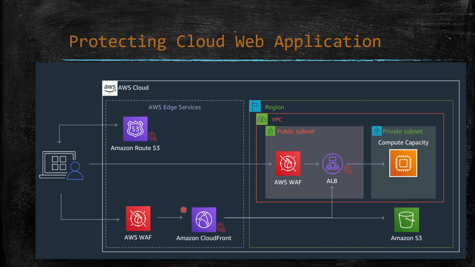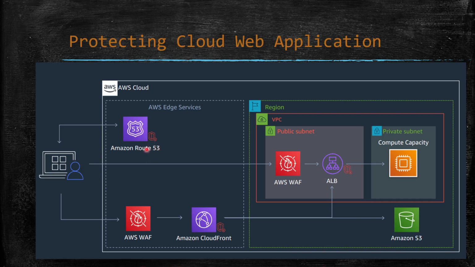The edge service is a kind of global service which serves your requests, sitting at the edge and doing the content delivery. So if a user client on the internet requests a website like xyz.com, it will first come to Amazon Route 53. That's a DNS service.